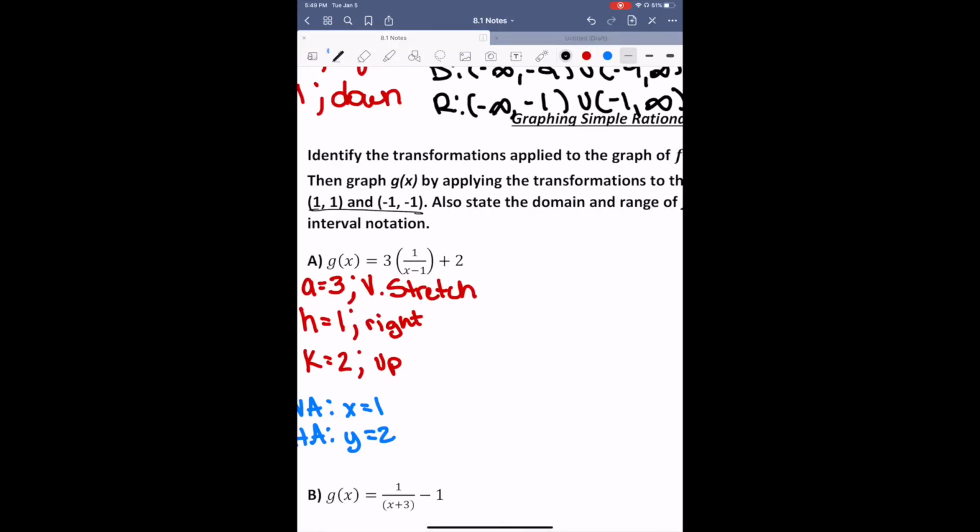So that means we have 1 plus 1, x plus h, and then y, which was 1, times a, which is 3, plus k, which is 2. We simplify, and our first reference point is located at 2, 5, right? 1 times 3 is 3, plus 2 is 5. So here's one reference point.